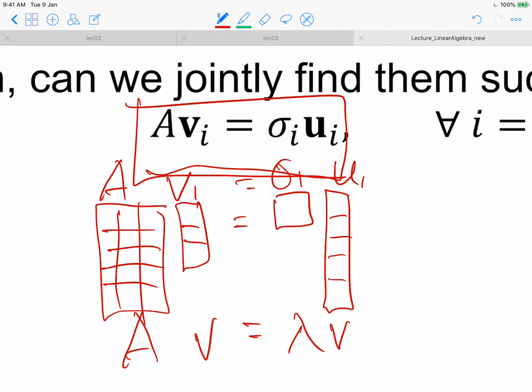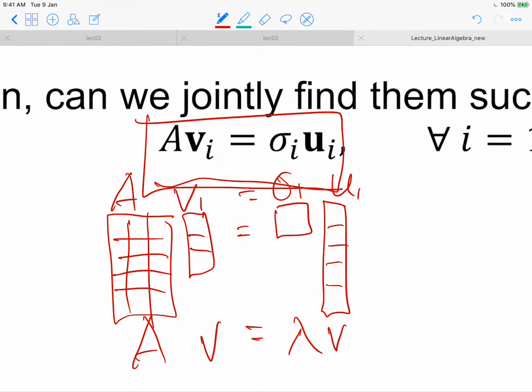Okay, and then we can imagine that the input vector x can be decomposed into a linear combination of right singular vectors, right? Maybe our arbitrary input vector is 3 times this, and 5 times another right singular vector.